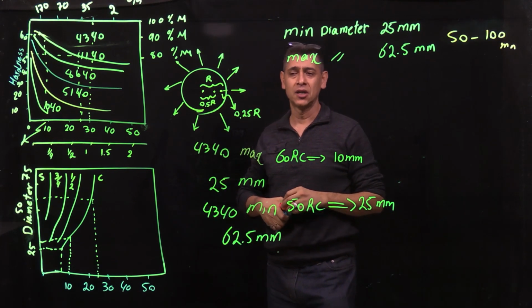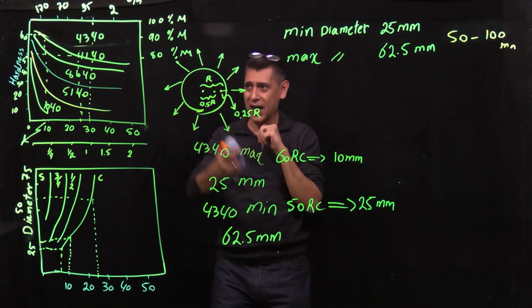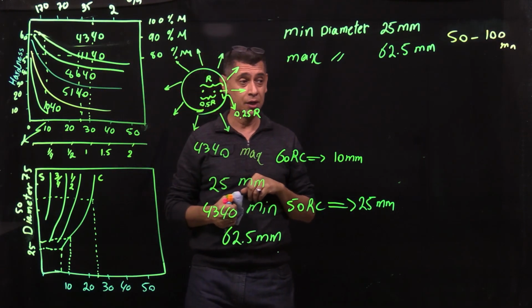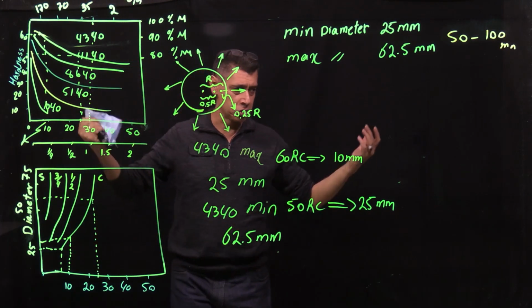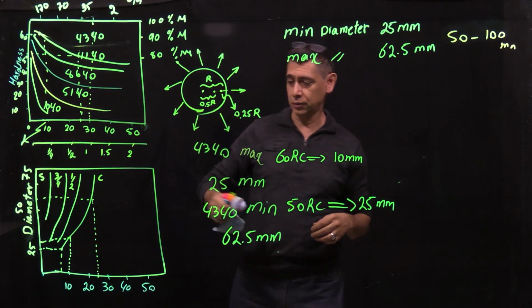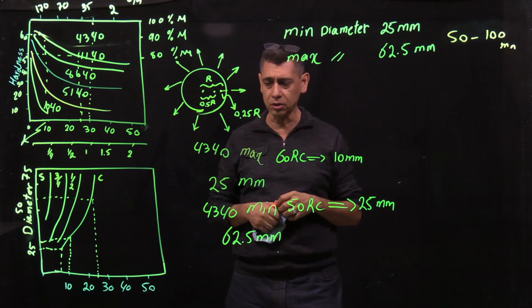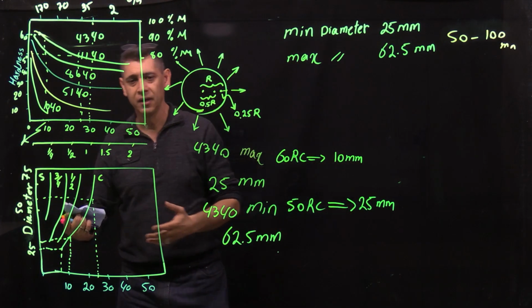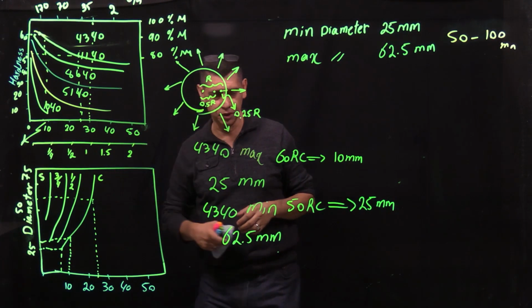So in that case, I have to use either a more hardenable alloy, which I don't have here, or a faster cooling rate, which from here you might go to molten slurry, like a molten salt, which I don't have, by the way, the chart for it in the textbook.